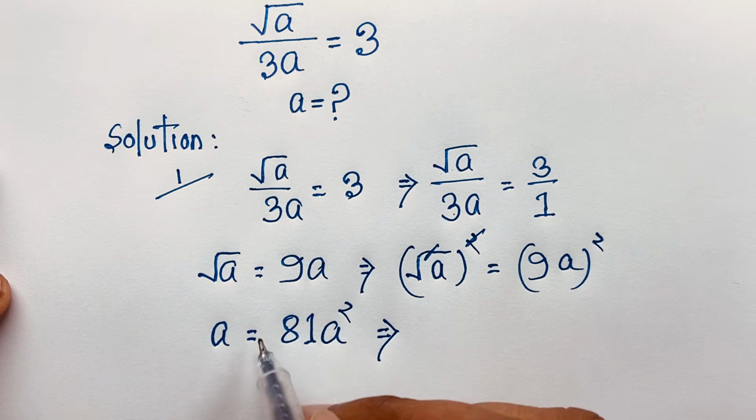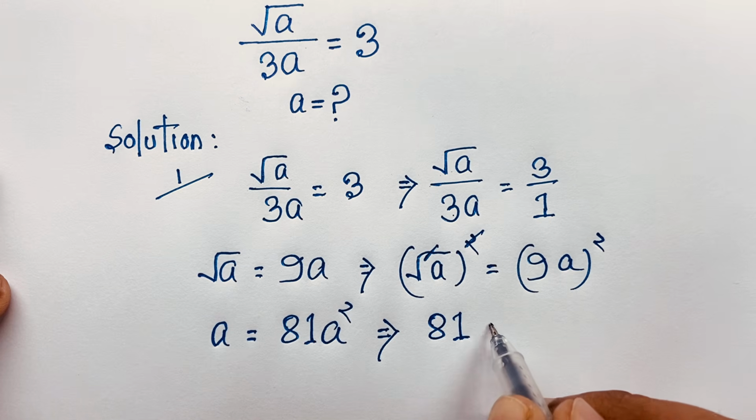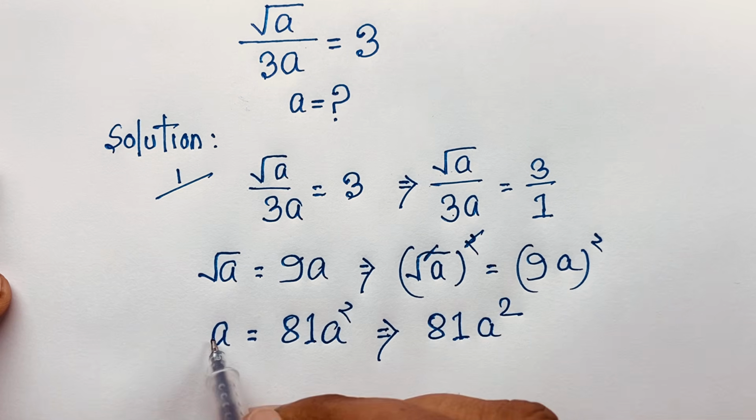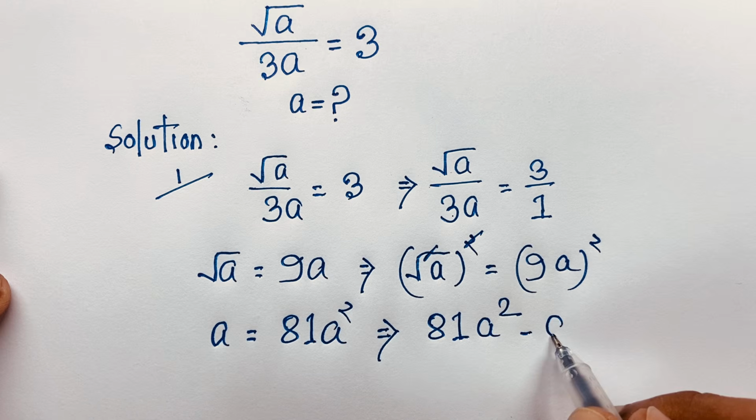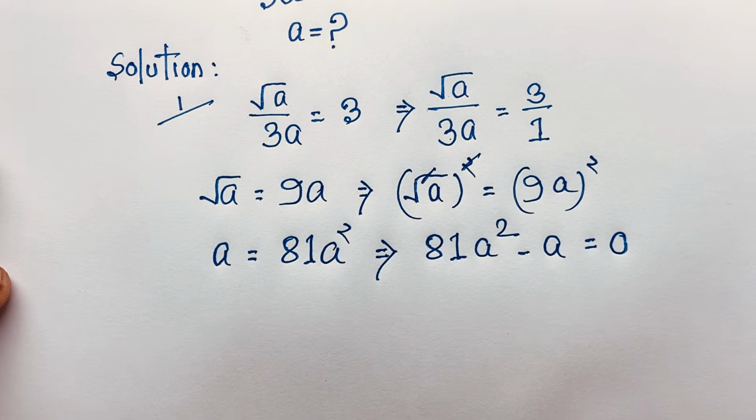Now if I take this value to this side, it will be 81 a squared minus a is equal to 0. So we found a nice quadratic equation.